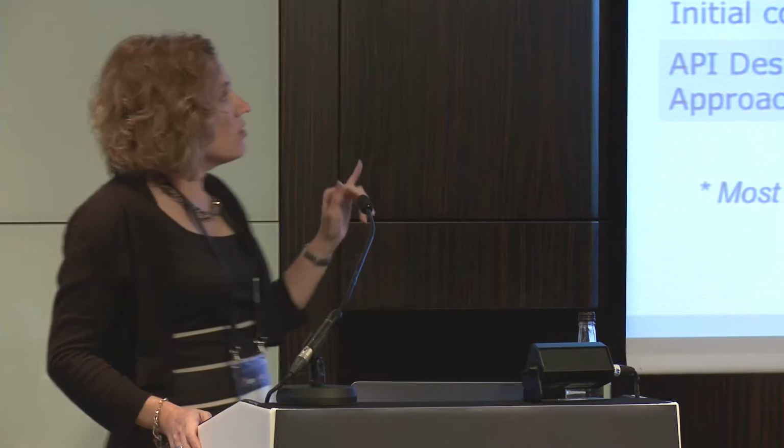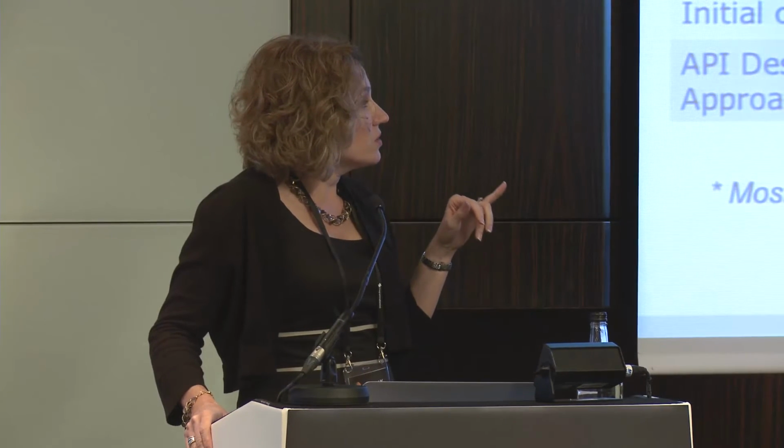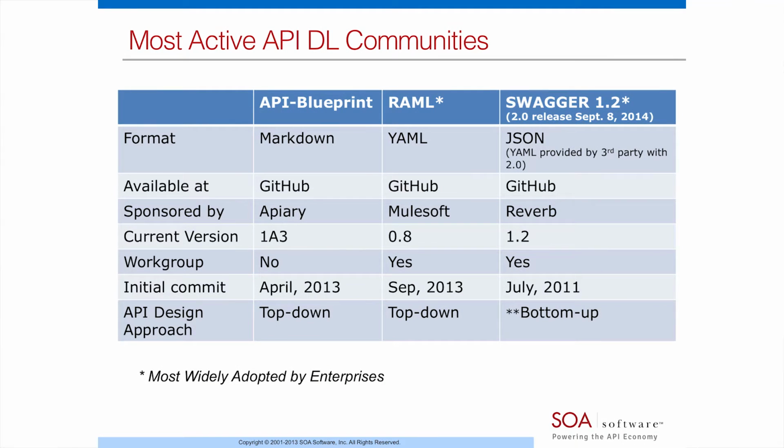Now, with the release of Swagger 2.0, a third party has built a top-down deployment tool for that, based on YAML as well. So you still have the Swagger specification, which is in JSON, but a third party has built a YAML-based tool that will allow you, similar to RAML, to describe your API and then translate it to the JSON specification.